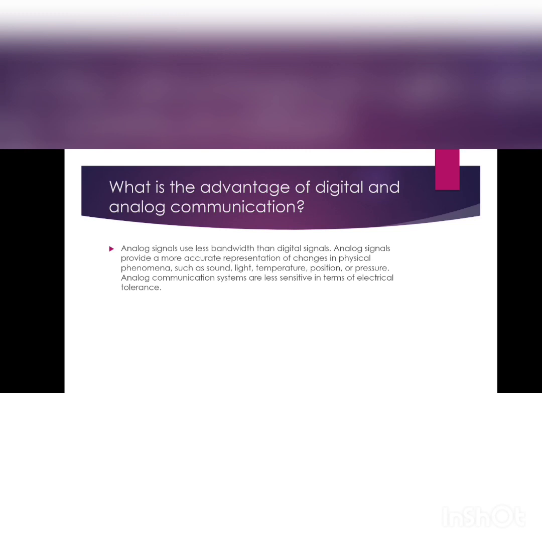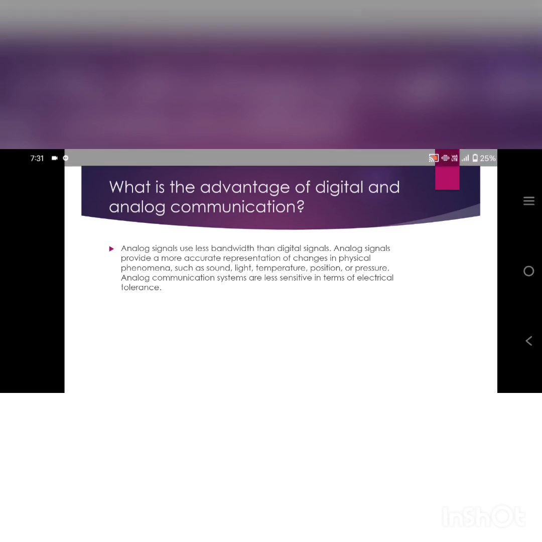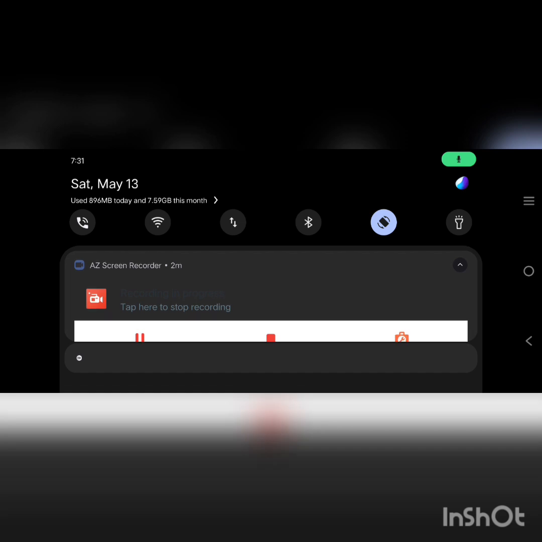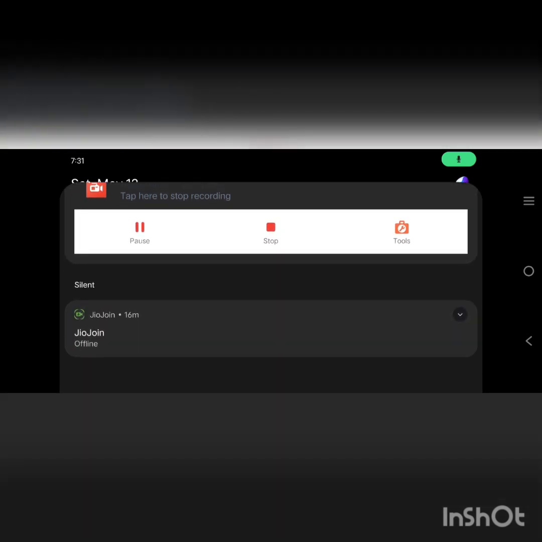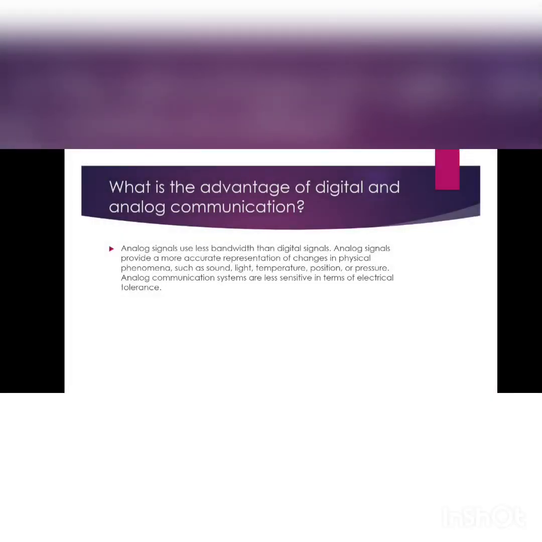Analog is less sensitive in electrical tolerance. So the advantages are: sound, light, temperature, position or pressure.